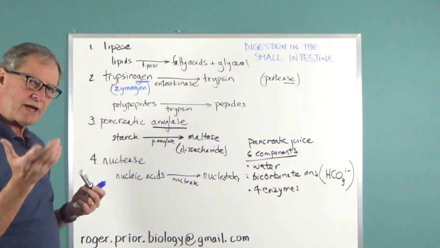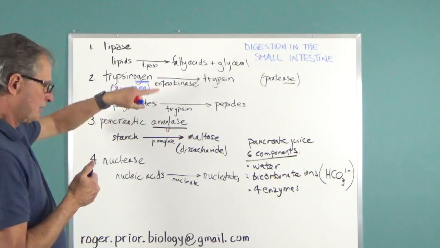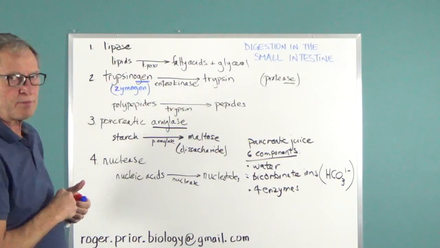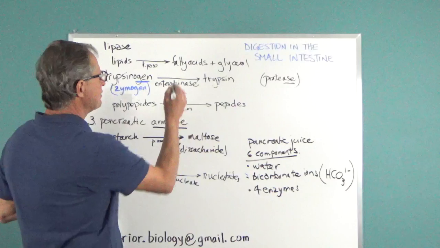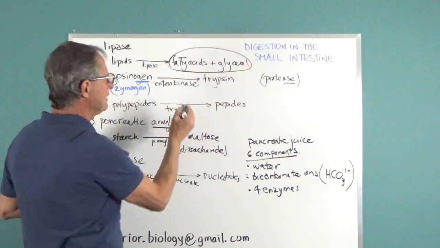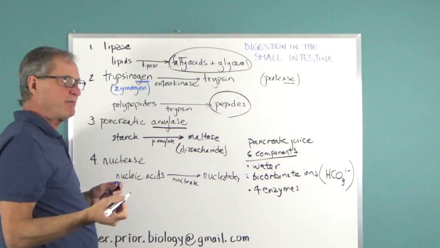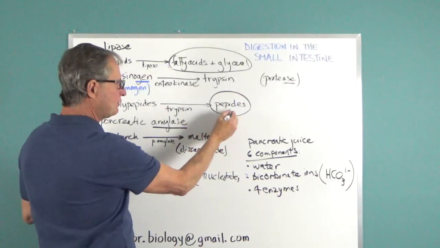We've got one more step to consider in the small intestine, the duodenum, because these things aren't ready to be absorbed yet. Digestion isn't finished. It's finished here. Fatty acids and glycerol, those are the unit molecules. So that's okay. Peptides, maybe there could be some amino acids in there, but they're dipeptides, tripeptides. These are still too big to be absorbed.